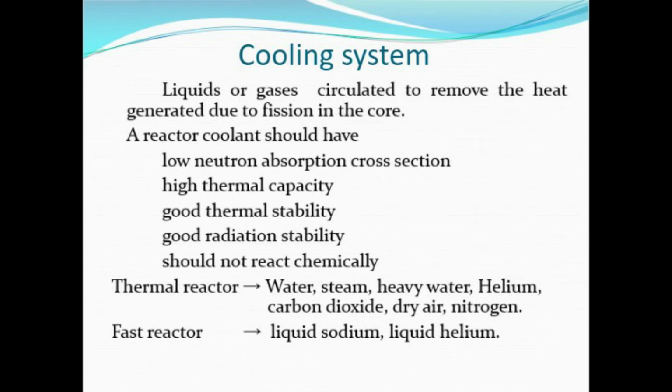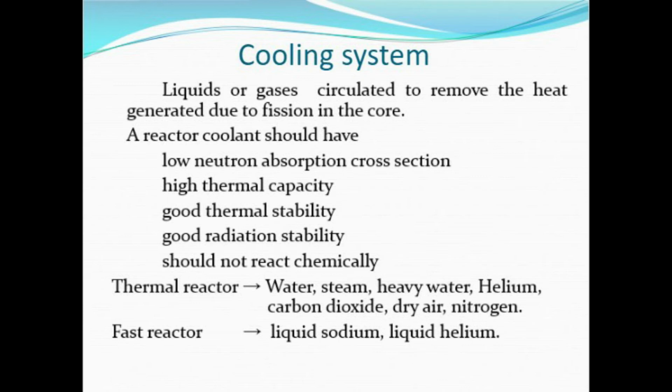Cooling system. The cooling system removes the heat evolved in the reactor core. The coolant is pumped through the reactor core and transfers heat to the secondary thermal system of the reactor. A reactor coolant should have low neutron absorption cross-section, high thermal capacity, good thermal and radiation stability and should not react chemically with materials with which they come in contact in the reactor.